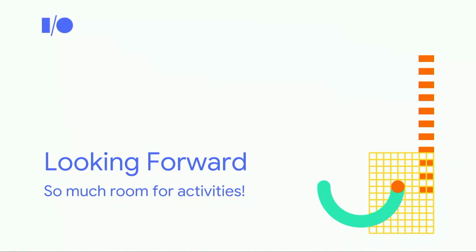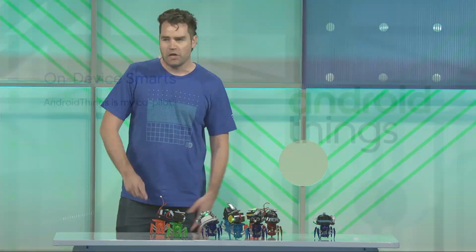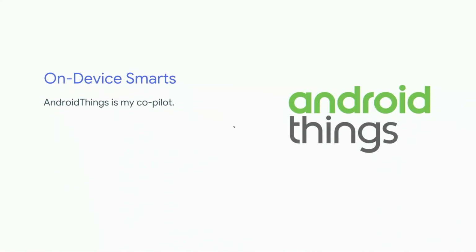So going back to other approaches to adding smart and intelligent capabilities to your devices, I want to again say there are other ways of doing this than just complete delegation to the cloud. You can use edge border routing to extend the capabilities of nearby devices to other devices. You can use on-device smarts with things like Android Things. So if you have all the capabilities without the cloud, or some capabilities shared with the cloud, Android Things is a really great way to do this.